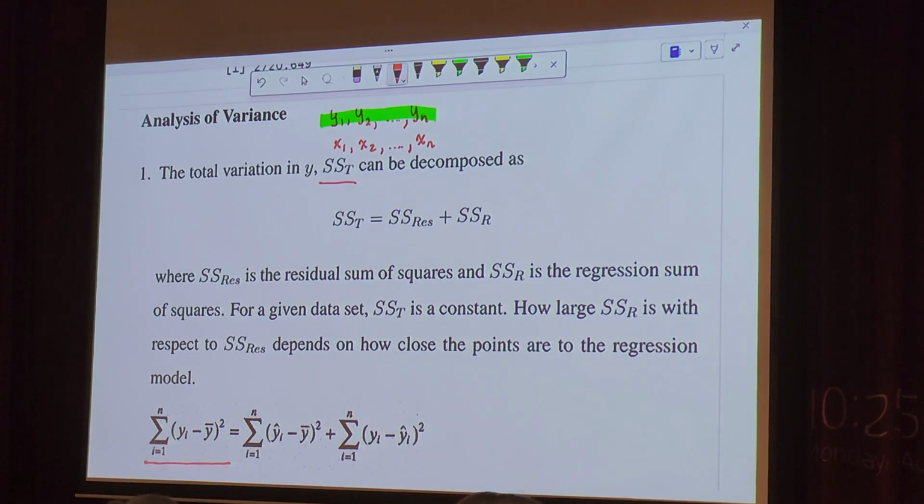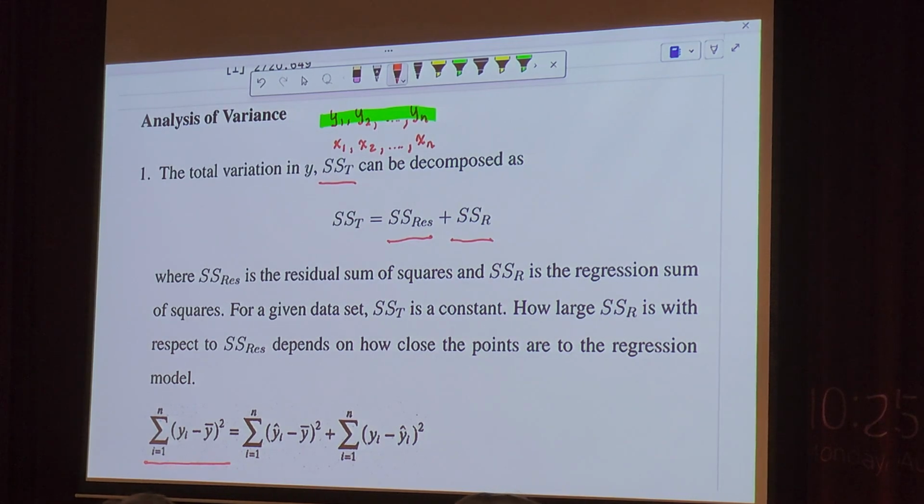So there's some variation. And this SST can be decomposed into two parts. One part is called SS residue, and one part is called SSR. And that equation is here.